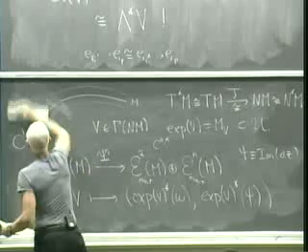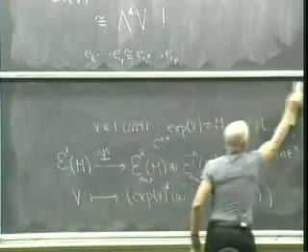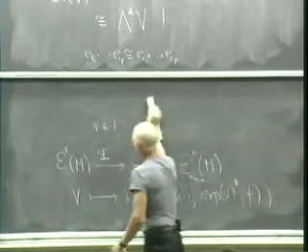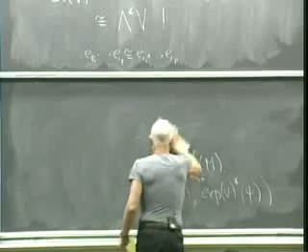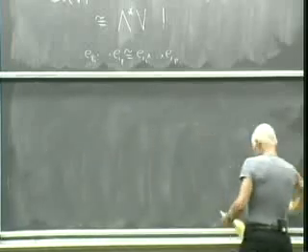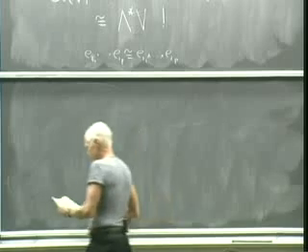Now the basic fact is that the Clifford algebra arises as the space of endomorphisms of another vector space.